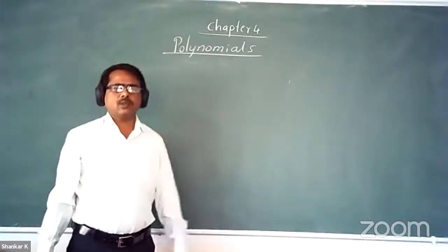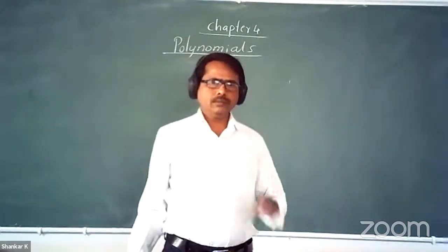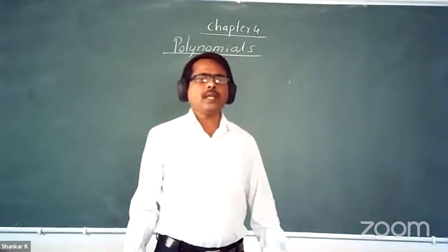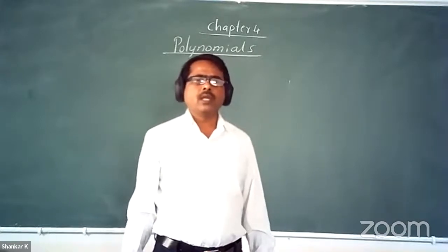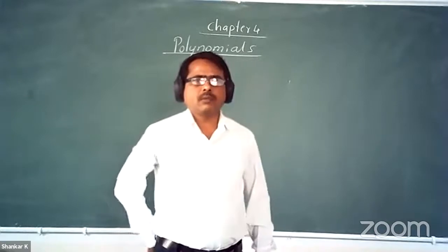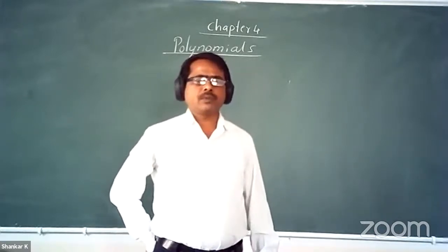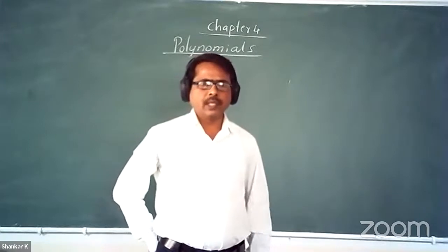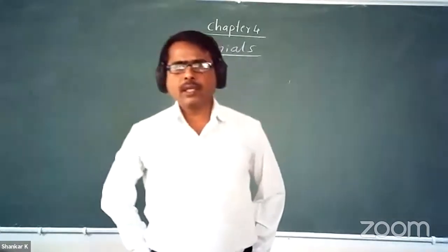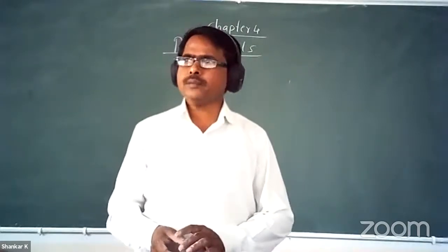In previous classes, what have we told? We have defined algebraic expression, then monomial, an algebraic expression which has one term is known as monomial, binomial, an algebraic expression which has two terms is known as binomial, trinomial, an algebraic expression which has three terms is known as trinomial.